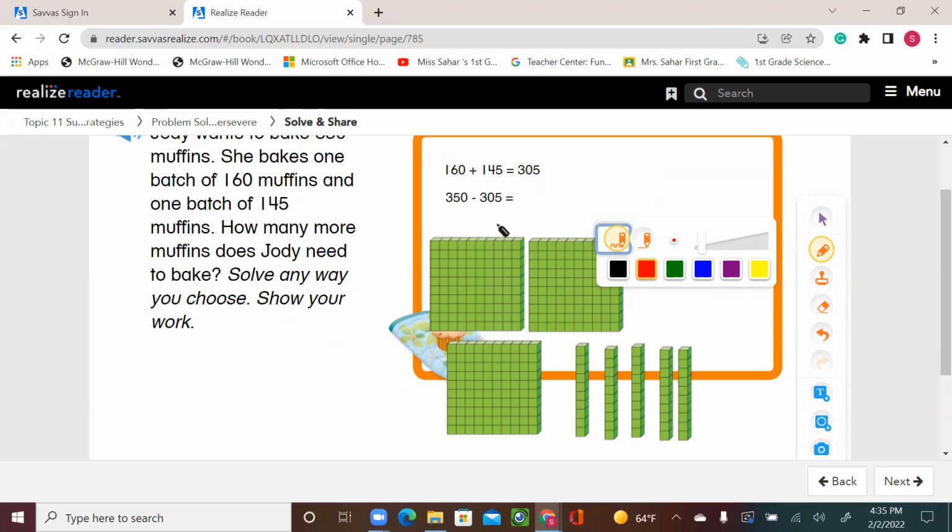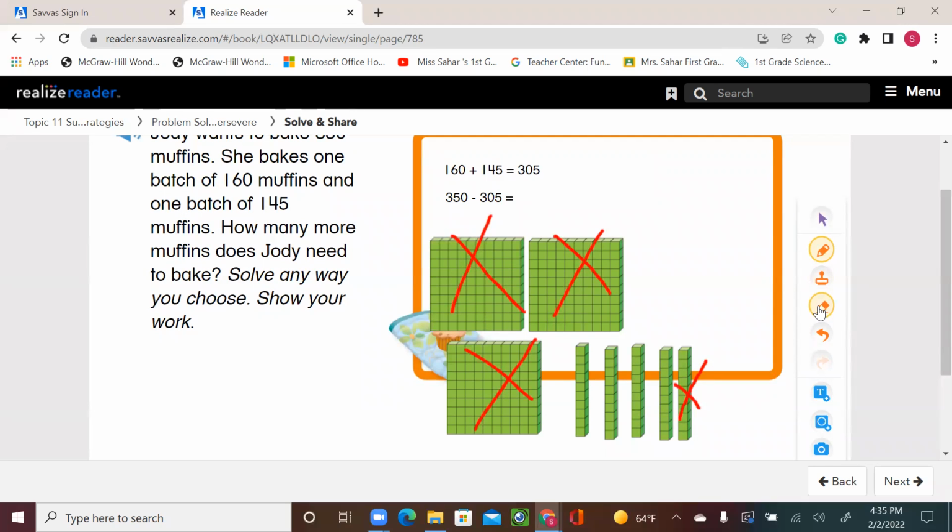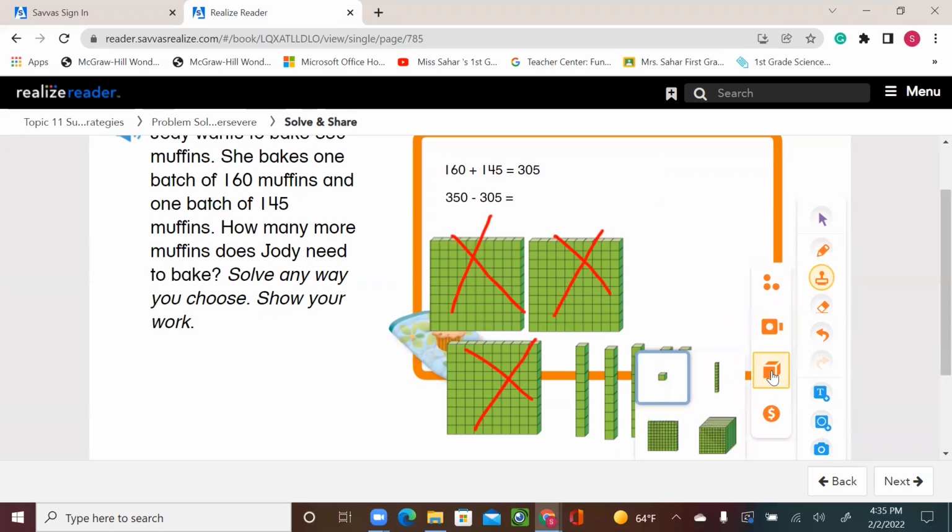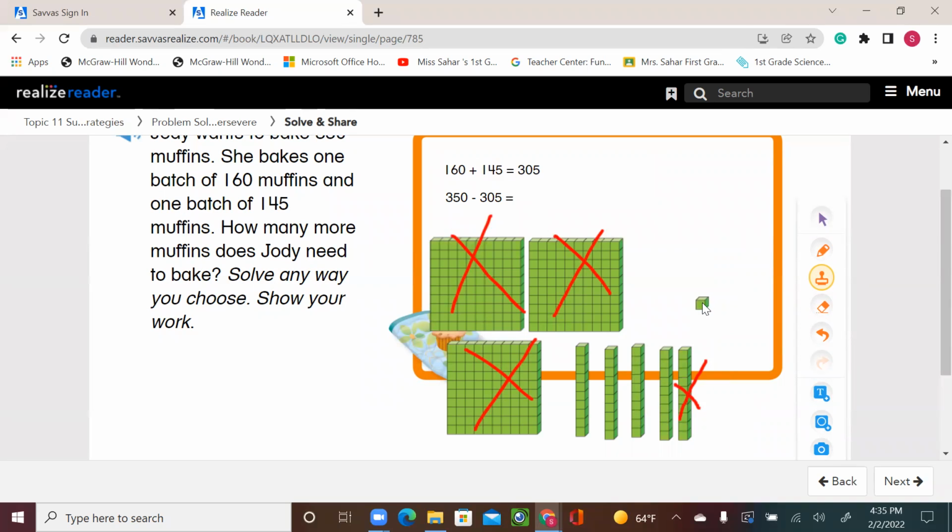Let me take the 300. Okay. How many tens do I have? 5. And I have 0 ones. I don't have any ones to take. So that means I'm going to break or regroup one of my tens to 10 ones. So let's put this down. 1, 2, 3, 4, 5, 6, 7, 8, 9, 10.